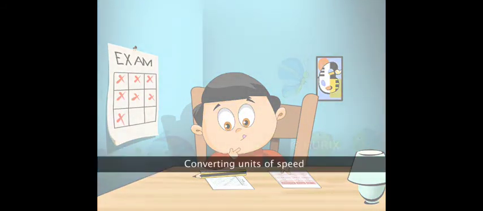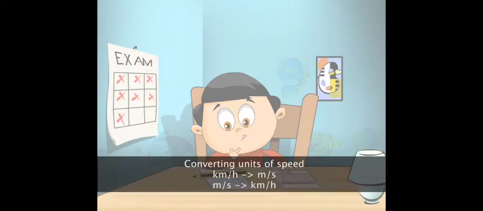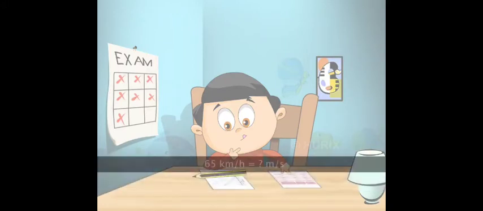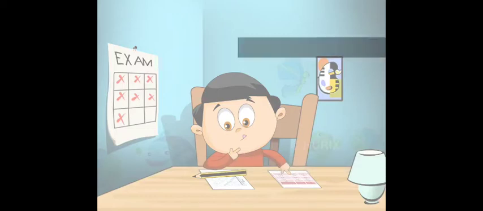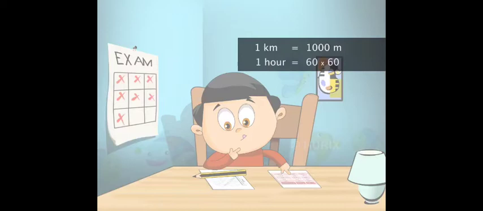Let's see how to convert speed from one unit to another. Before converting 65 kilometers per hour into meters per second, let's recall some basic conversion. 1 kilometer equals 1,000 meters, and 1 hour equals 3,600 seconds.